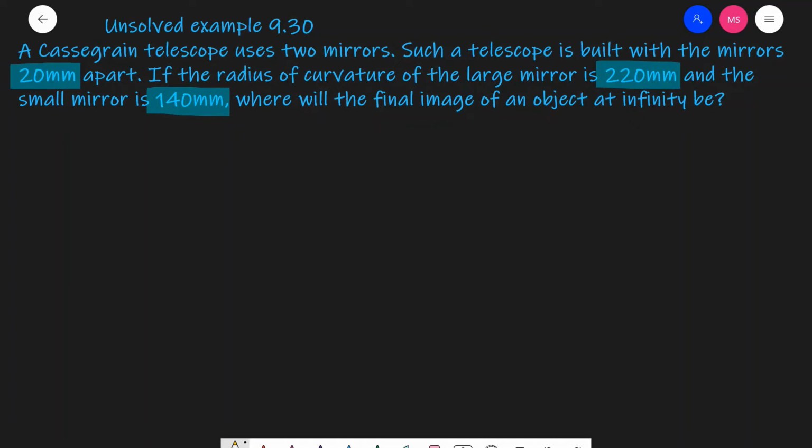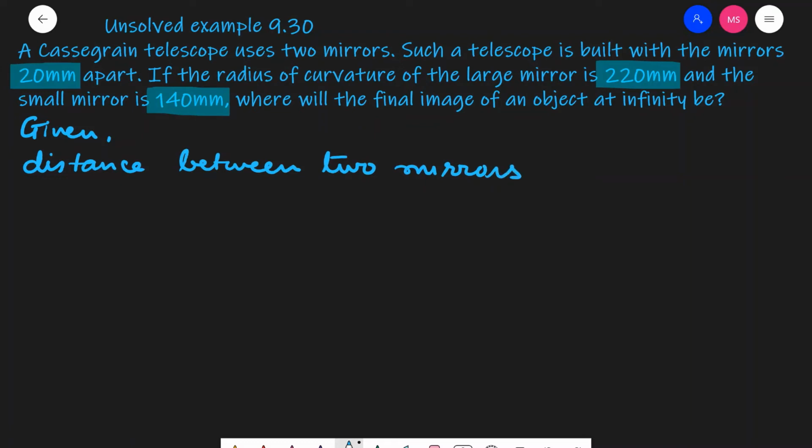So in this example, given distance between two mirrors, let that symbol be D, is equal to 20 mm. So therefore we can say that D is equal to 2 centimeter.